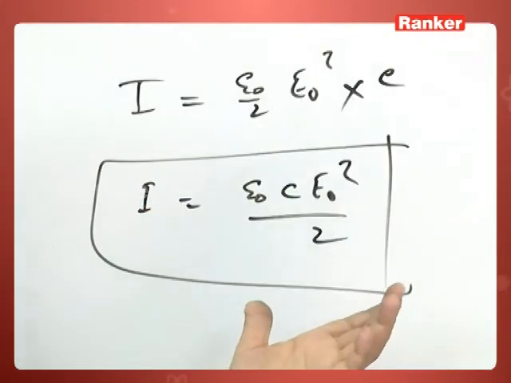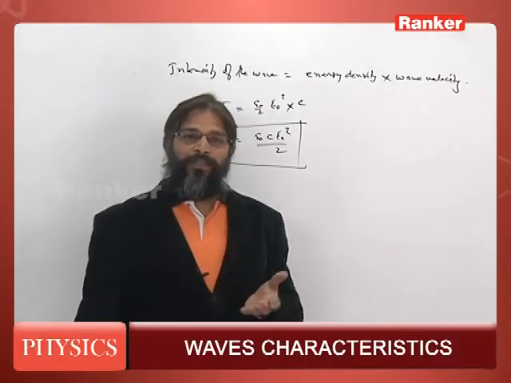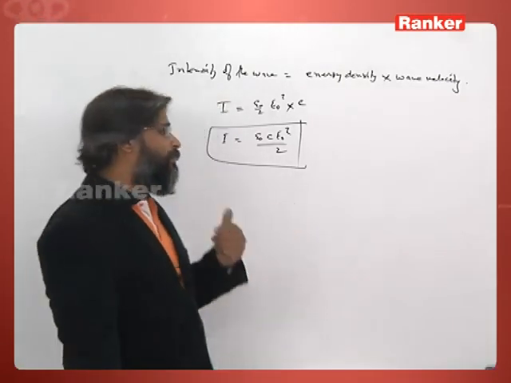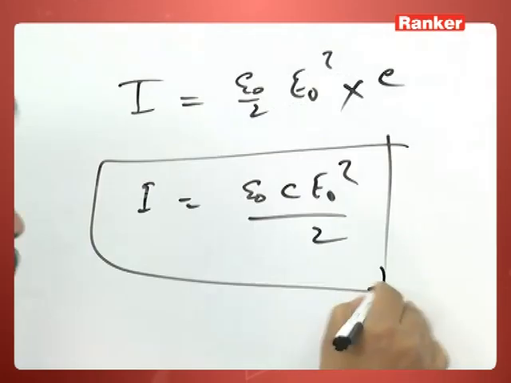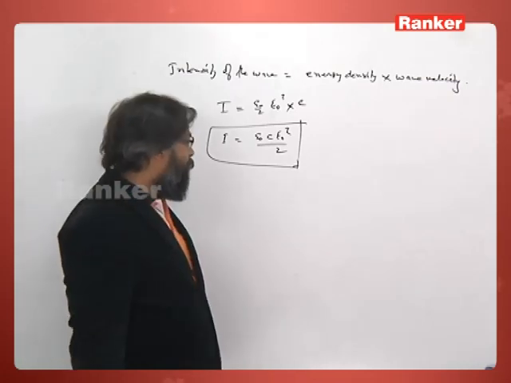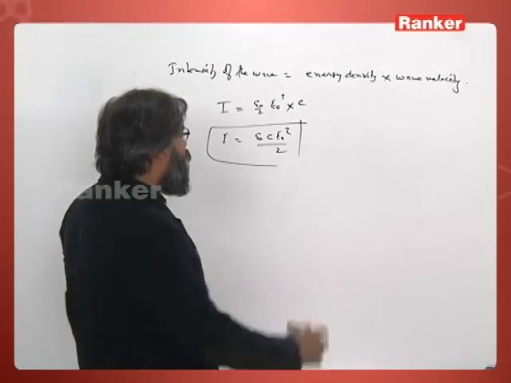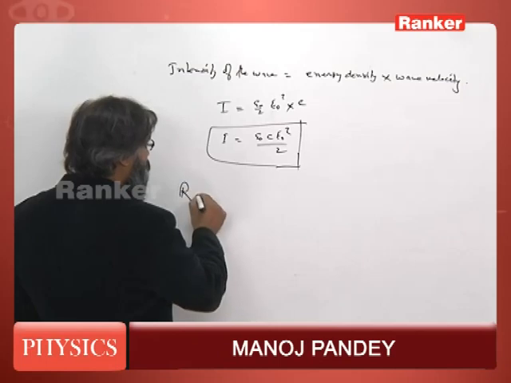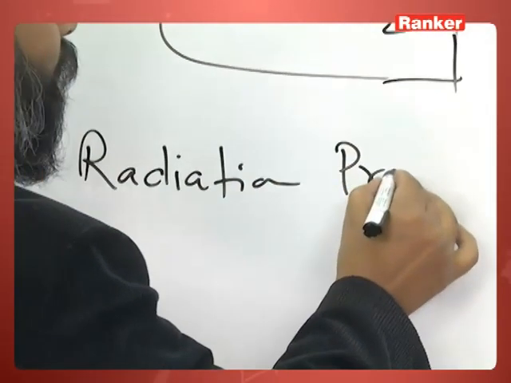So, the momentum associated with electromagnetic waves, the linear momentum and angular momentum, we will see later on. Thus these electromagnetic fields possess energy and momenta also. So, next we will see the momentum possessed by this, that is, we will see what radiation pressure is.